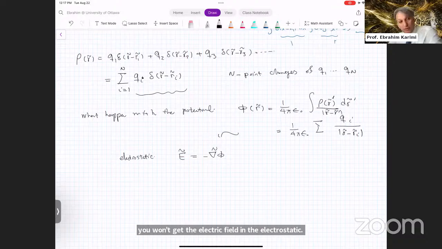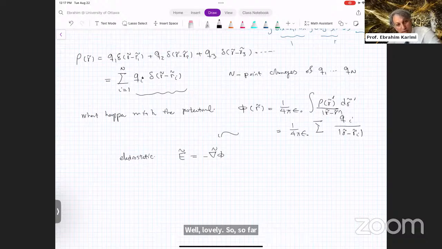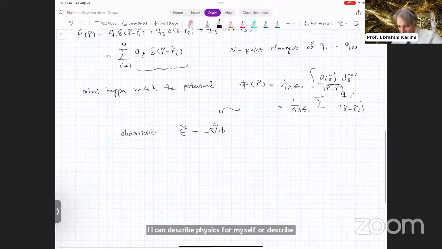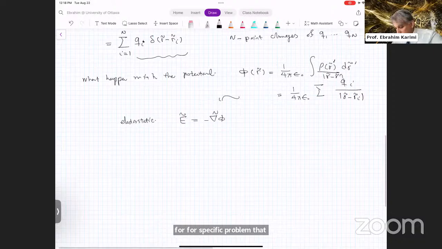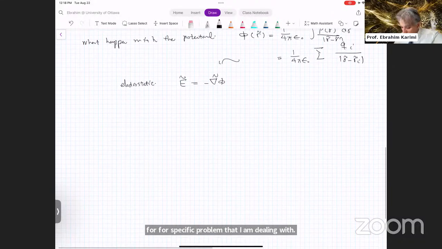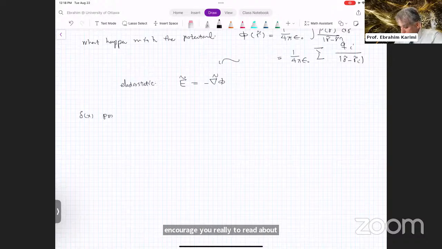Well, lovely. So far, I can now use the delta function to describe physics for myself, or for the specific problem that I'm dealing with. Remember, the delta function is very important. So I encourage you to really read about the delta of x property.